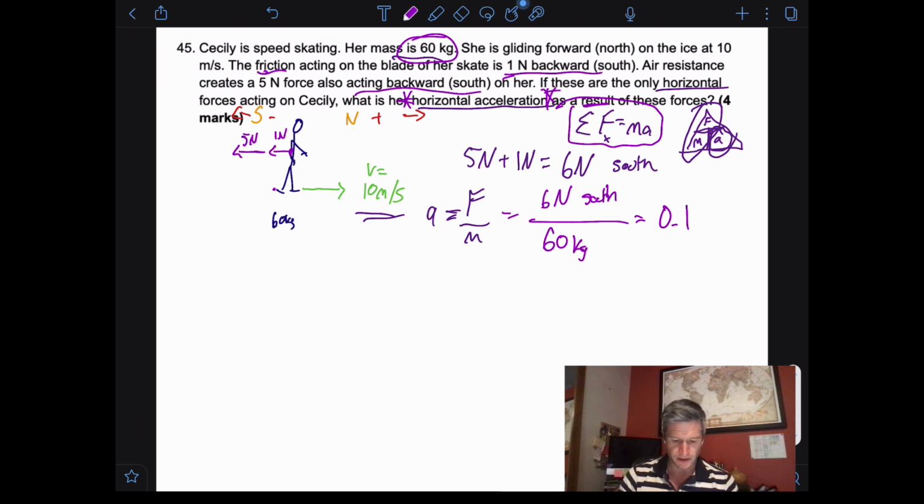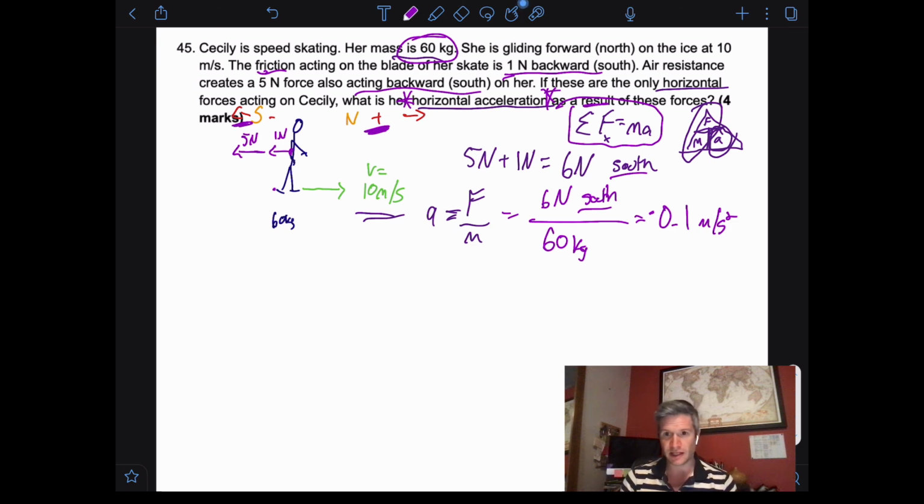0.1, and because it's an acceleration, that's meters per second squared, and that would be southward, or again, depending on how we had our system set up, positive or negative. We can look back now and say, well, positive was forward, negative was back. We know these forces are backwards, so we can say negative.